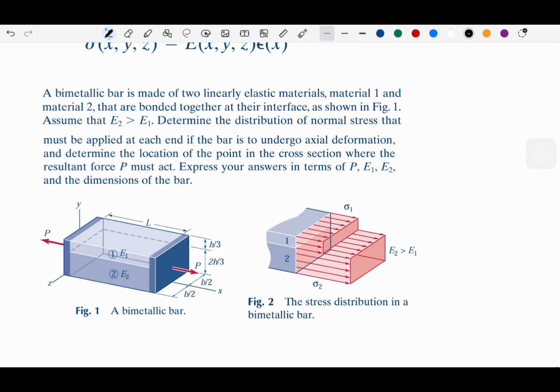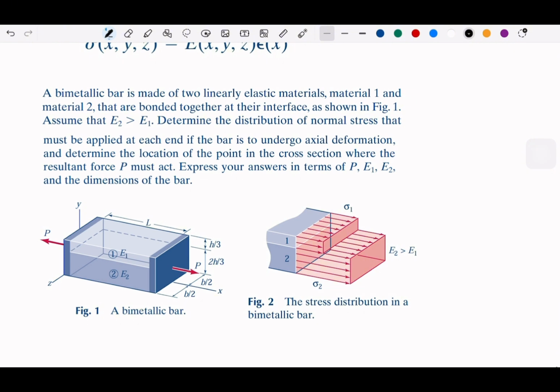and it will undergo the axial deformations. So first, as you can see in figure 2 on the right side, we have distributions on each metal 1 and 2, and as mentioned in the questions, the E for metal 2 is greater than E1. So we have the normal stress 1, normal stress 2.